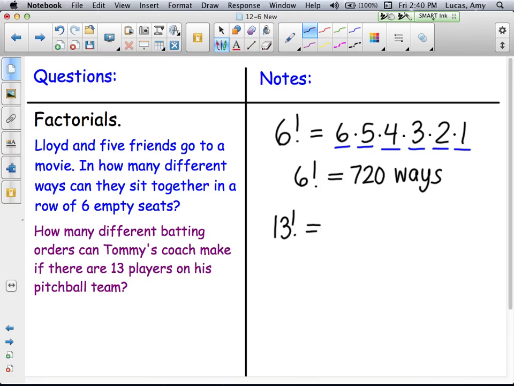So this one is a huge number, 6,227,020,800. So look at all of the different batting orders that Tommy's coach could make. Because in pitch ball, you all get to bat. So you use all 13 of those kids in your batting order. So that's over 6 billion batting orders he can make.